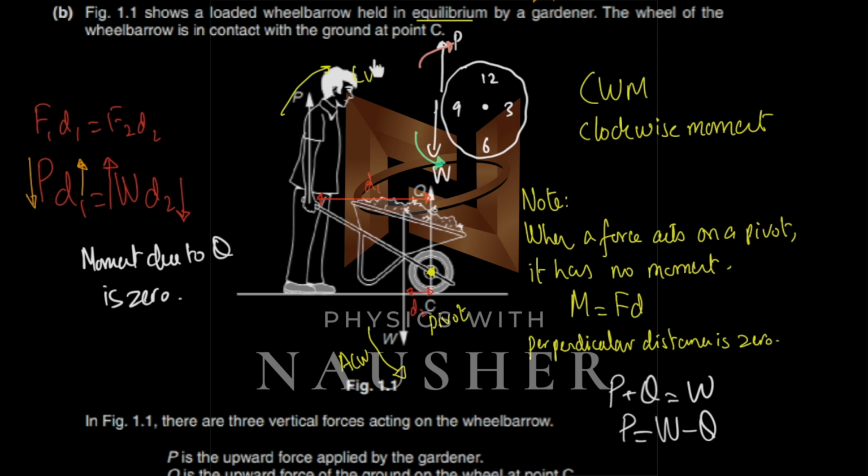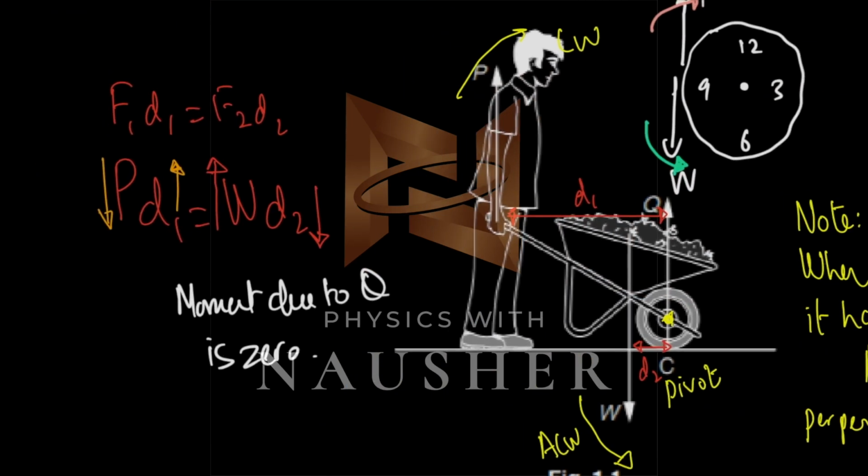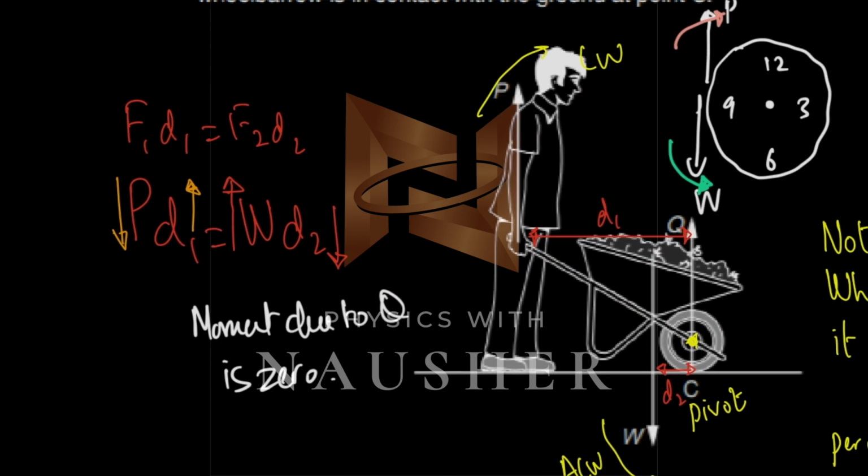So this is going to be clockwise. And if the object is in equilibrium, then your clockwise moments must be equal to your anti-clockwise moments. So F1 D1 must be equal to F2 into D2. So P into this distance should be equal to W into this distance.